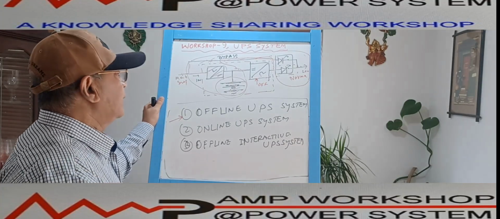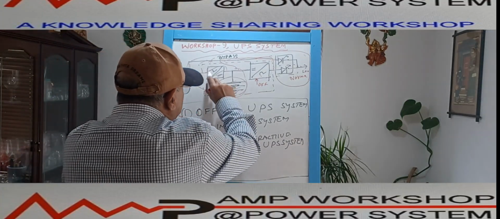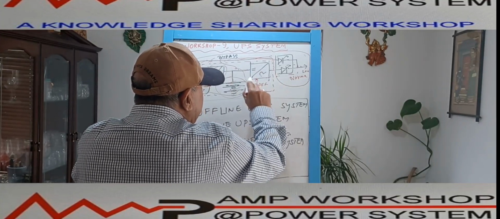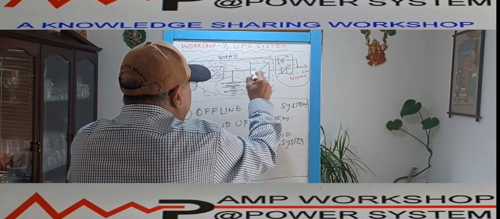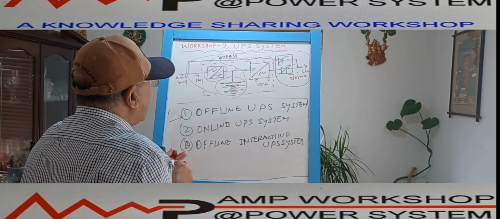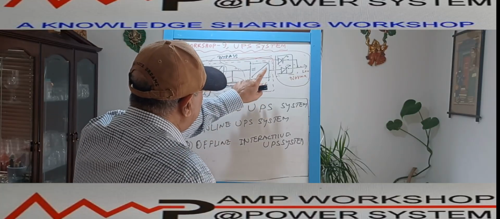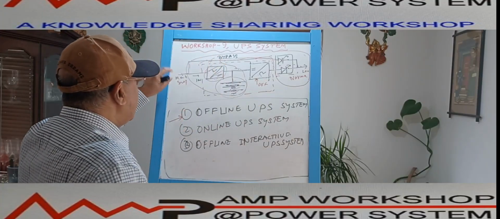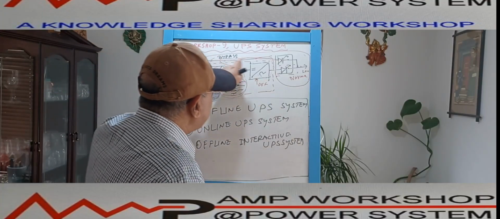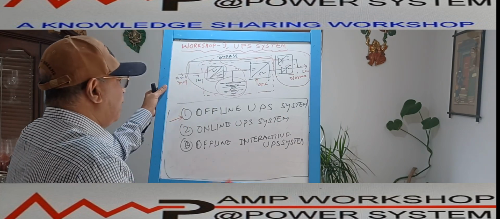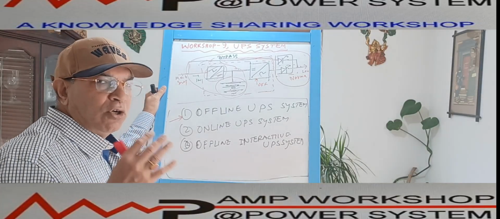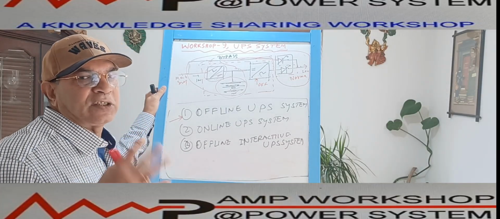Okay. And third is, if the total UPS system, either the rectifier or inverter, or both, fail, or any one of them fails. If the inverter fails and the total UPS system fails, in that case also the main power supply will go to the load. But if both the UPS and the main supply fail, then we cannot do anything, because we do not consider two systems failing at the same time.